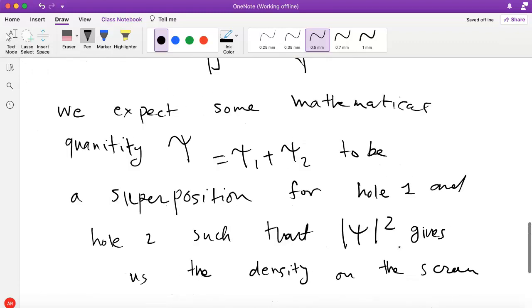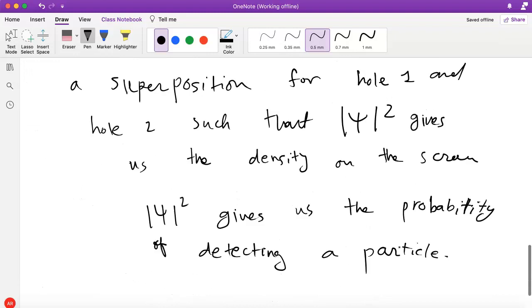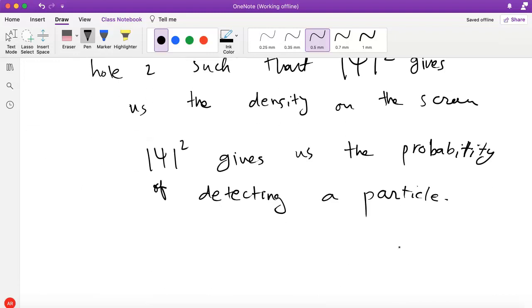So we don't really know what this quantity is, but we call it the wave function because there's some wave involved somewhere. So psi is called the wave function.